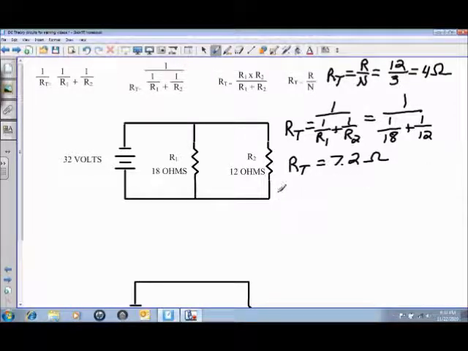One thing that needs to be said about the total resistance for a parallel circuit is that unlike series circuits, the total resistance is going to be less than the smallest resistor. So this is a really important rule to remember. R total is less than the value of the smallest resistor.